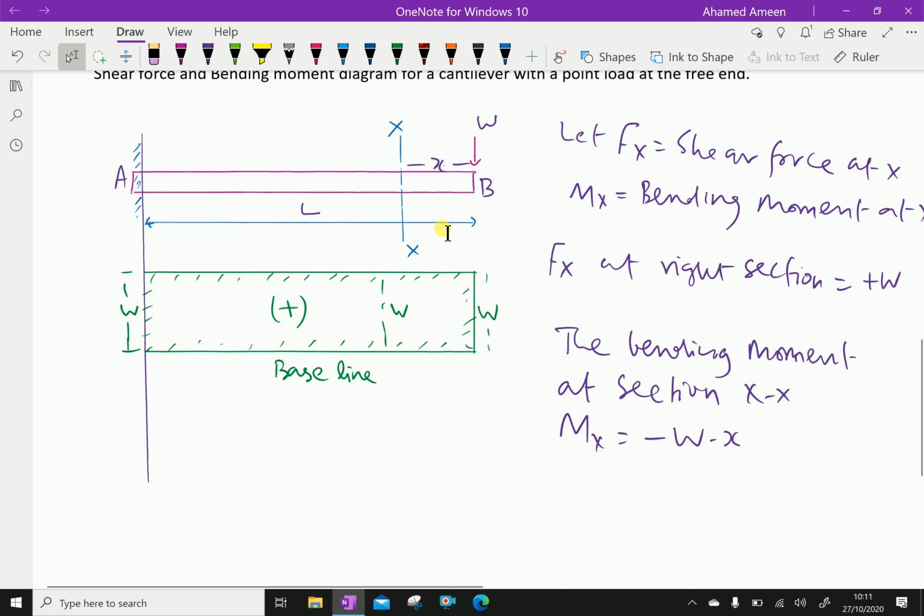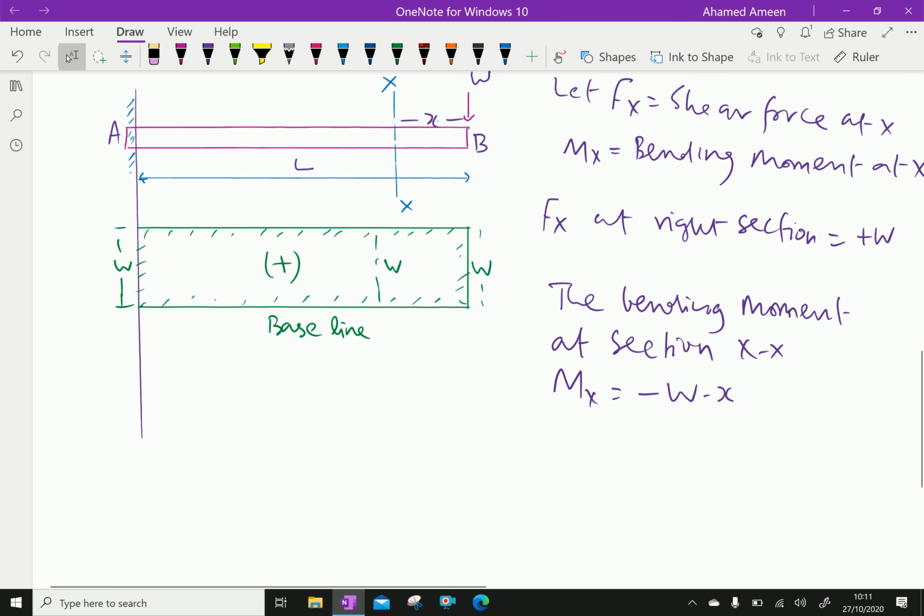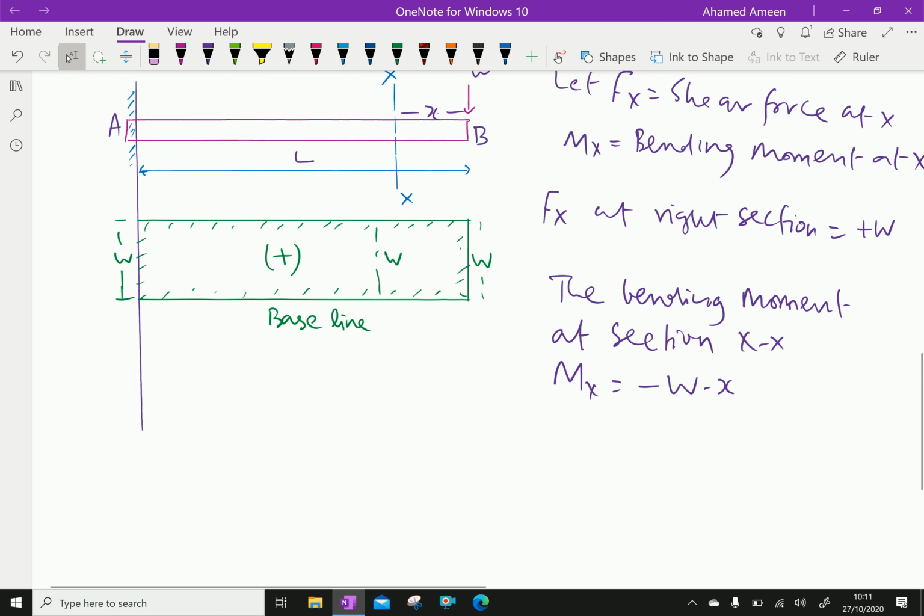Now for this, we'll calculate the bending moment at every section. We'll do first at x equals 0. At x equals 0, the bending moment BM equals 0.